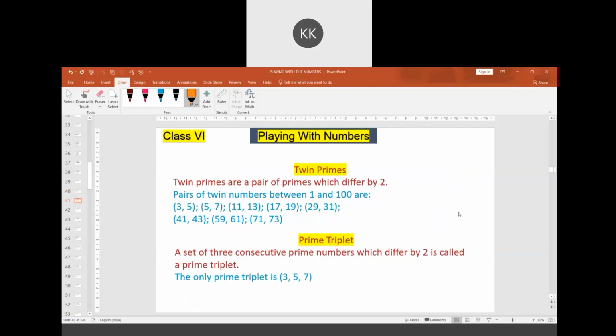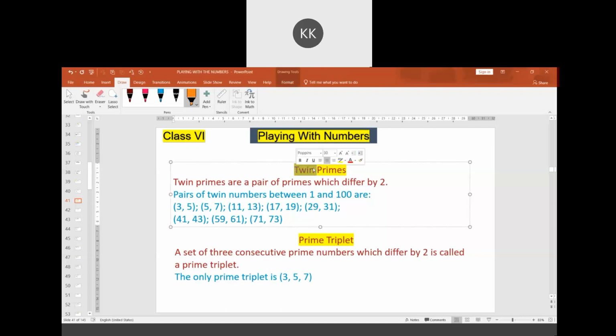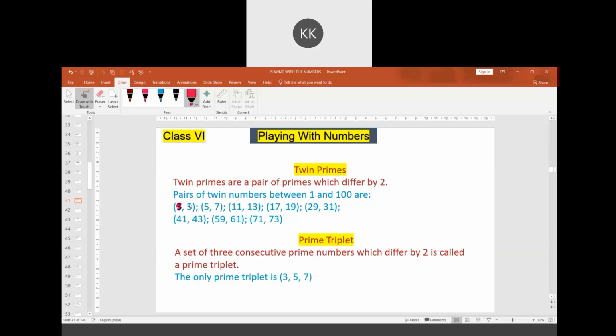Now Paras has understood. Now let's move on to the next concept, which is called twin primes. Co-primes were different, and twin primes are different. As the name suggests, twin refers to two numbers. So twin prime numbers are pairs of prime numbers such that their difference is 2. They differ by 2. If I consider 3 and 5, 5 minus 3 gives the difference as 2.